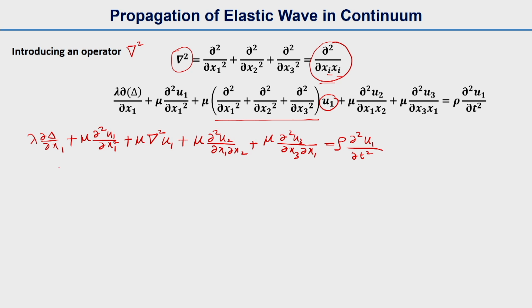So we can see some similar terms here. This term and this term we can group together. That will give us mu times the partial with respect to x1.